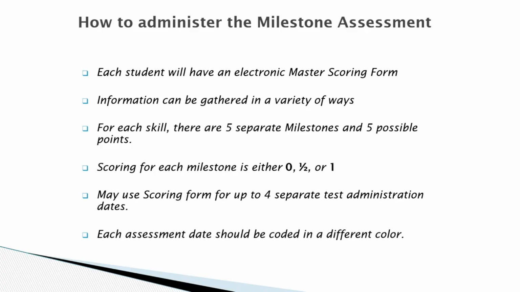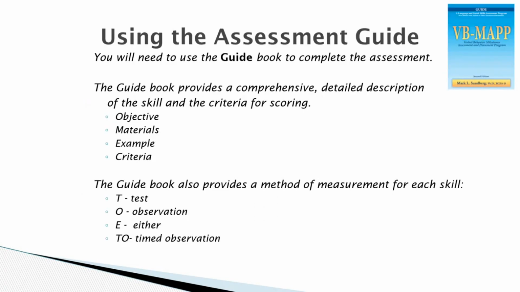Please make a copy of this document for each student and only edit your copy. This scoring form can be used for up to 4 separate testing dates and should be color coded, a different color for each date of assessment. I will show you an example of this momentarily.